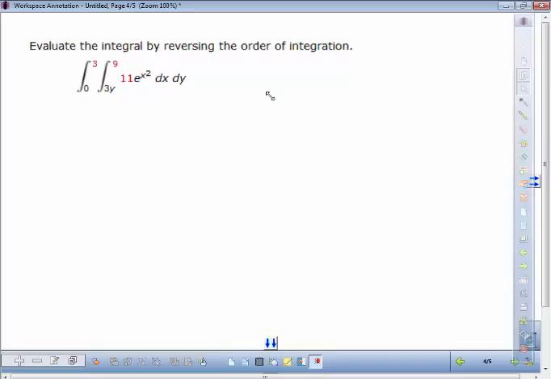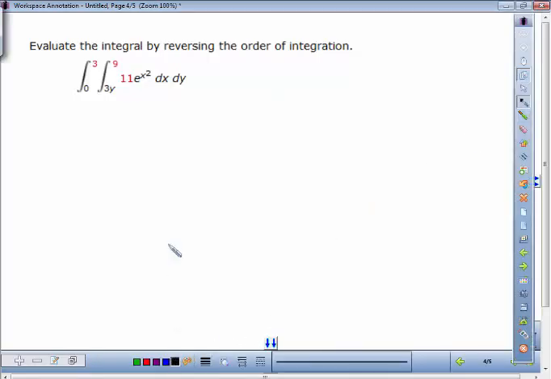Another approach to this problem might be to switch the order of integration. So let's take that plan and switch the order of integration. We kind of have to work backwards here, using those sets of inequalities like we've had before.